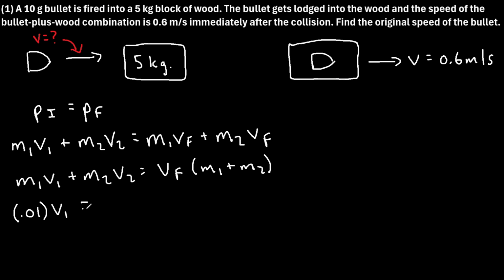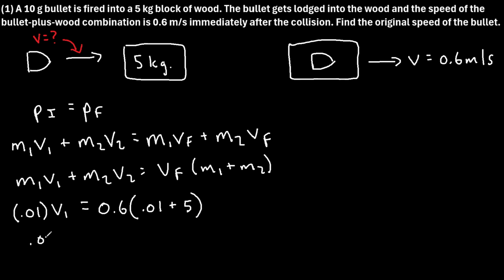So that's it for the left-hand side. On the right-hand side, we have the final velocity, which we're told is 0.6 meters per second, multiplied by m1, the mass of the bullet, 0.01 kilograms, plus m2, the mass of the block of wood, 5 kilograms.